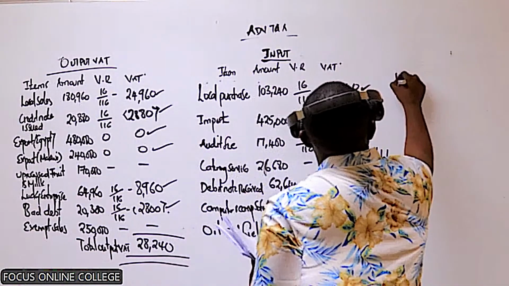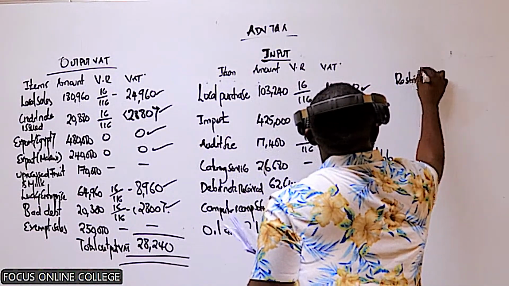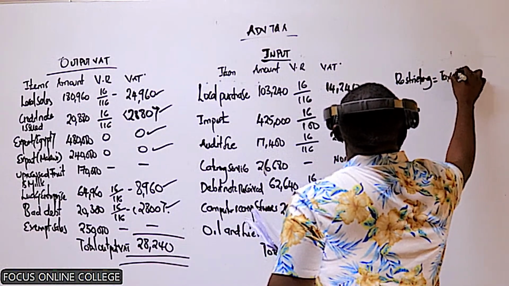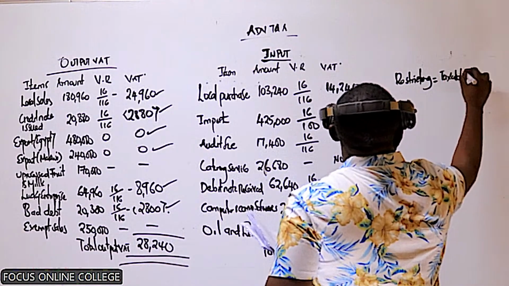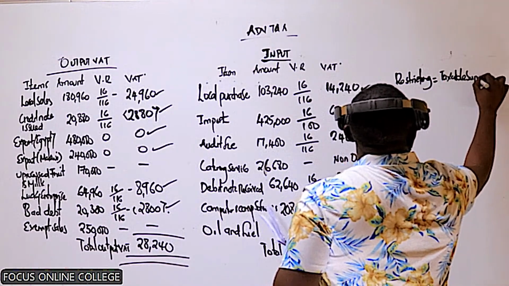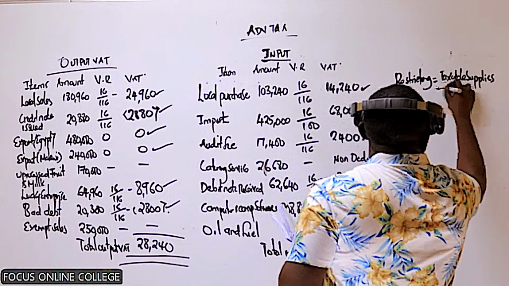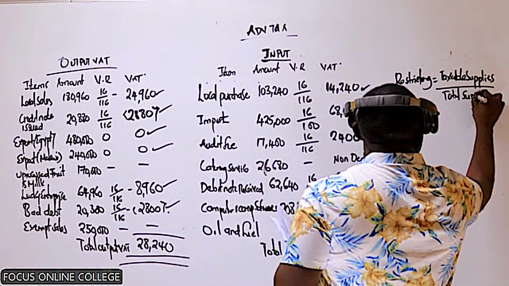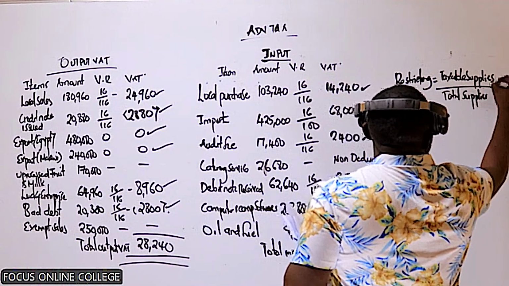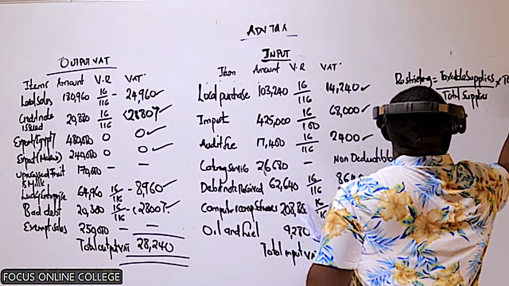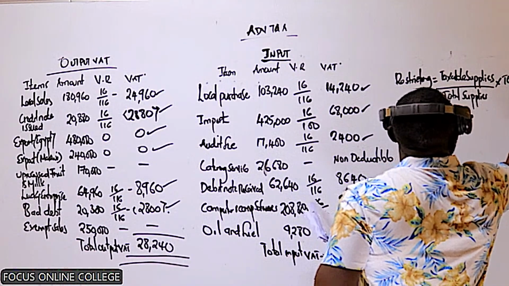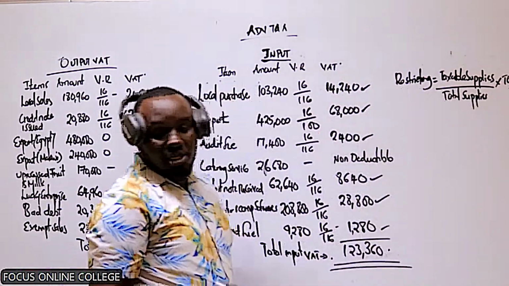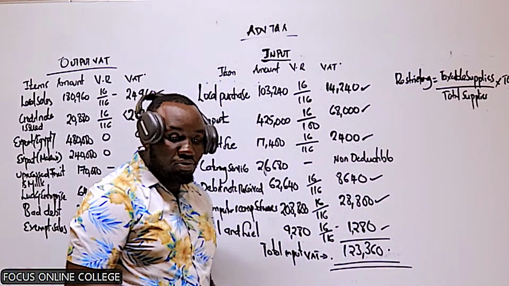So when you're restricting, we're saying taxable supplies over the total supplies, times the total input VAT.